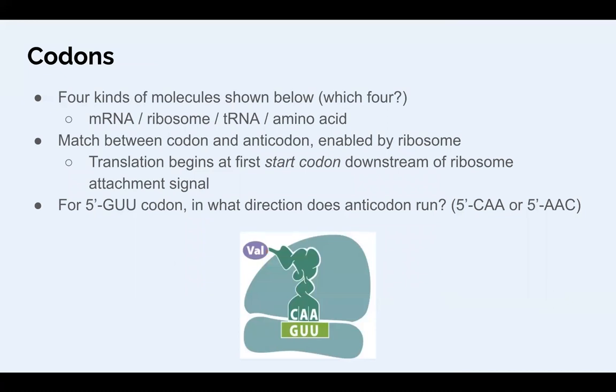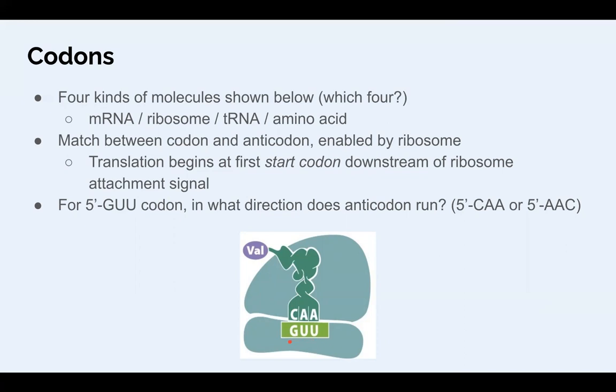So some fine details in the text here. We talked about the different molecules that are involved. The start of translation beginning at the first start codon. So not necessarily the first nucleotide of the mRNA molecule, but the first start codon. And then a little bit about this interaction. This tends to throw students a little bit.